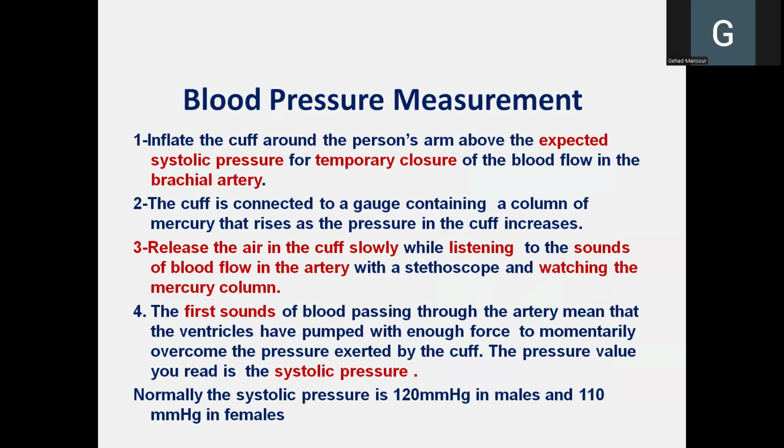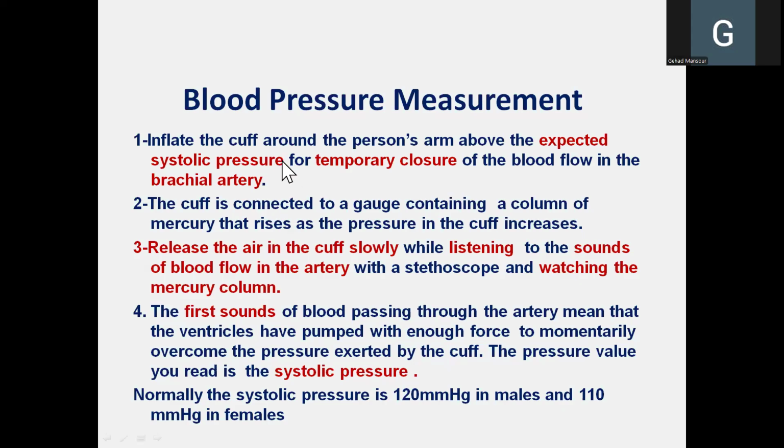So we have blood pressure measurement. We inflate the cuff around the person's arm above the expected systolic pressure. For example, if you are expecting your patient to have a blood pressure of 200, which is very high, because you already know that your patient has uncontrolled blood pressure, you will raise it above 200. But if you don't know the patient, you will raise it above the normal value by 40 or 60 millimeters mercury.